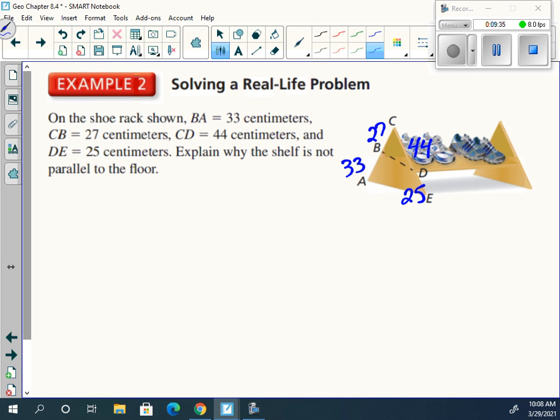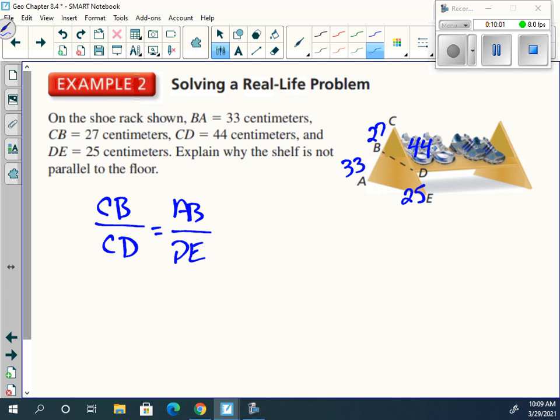Well, if this was parallel, BD and AE should be parallel to each other, yes? Well, if they're parallel, it means that CB over CD should be equal to AB over DE, those two bottom ones, yes?